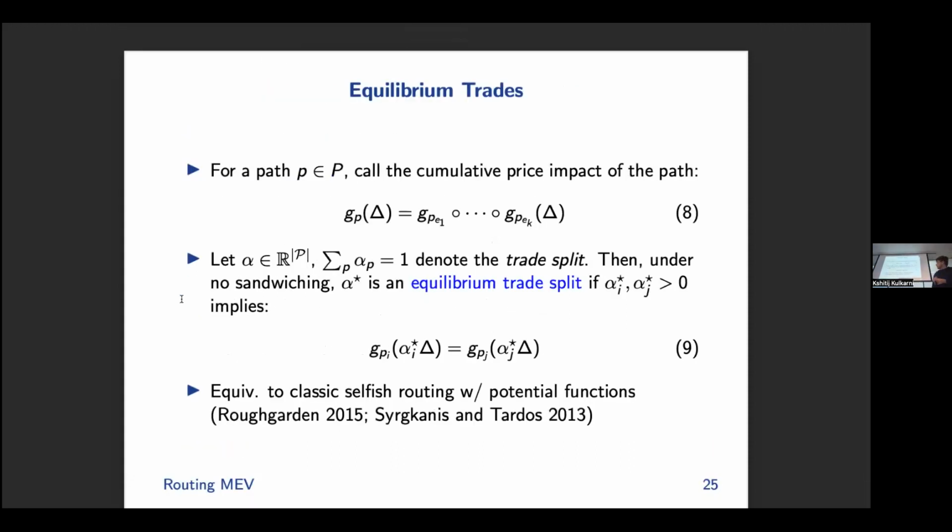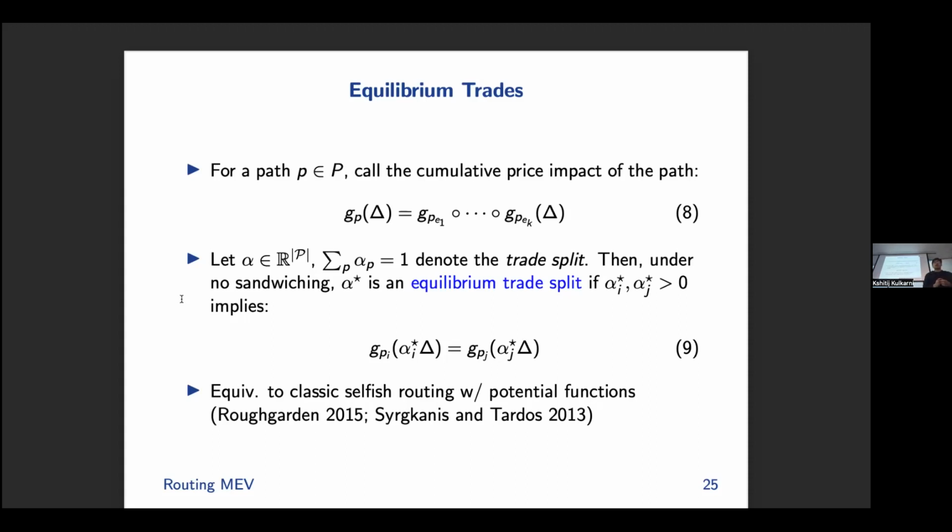And to define an equilibrium, it's very similar to what was in the other slide on the traffic situation. But now what you do is you take these price functions on every edge, and for all the paths that connect A, the source asset, and B, the destination asset, you compose these price functions. You take the composition of these price functions, which effectively gives you a price from input to output over all the paths.